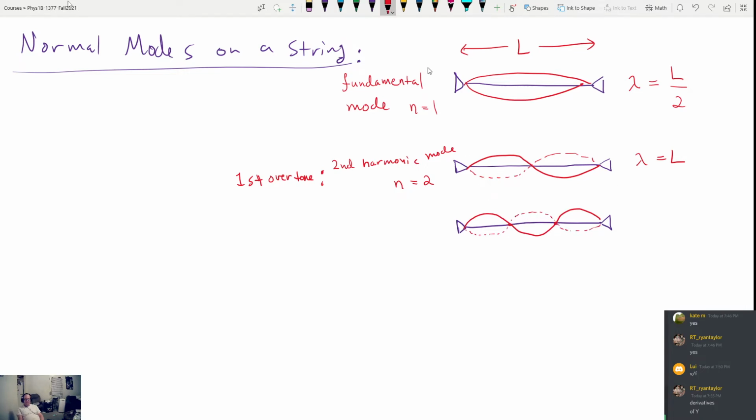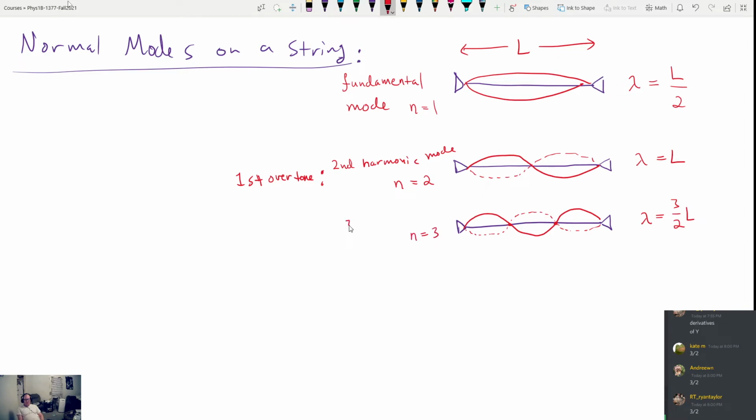In this case, lambda is going to be equal to, well, you all tell me, what am I going to write over here? In terms of the length L, what coefficient needs to go here? What kind of fraction do I need to put here? For the first one, we had 1/2 L. For the second, we had 1. You all got it very quickly. Thank you. That's really good. 3/2 L. I love that when everyone's paying attention and gets it really quickly. Okay, so this is, of course, going to be n equal to 3.